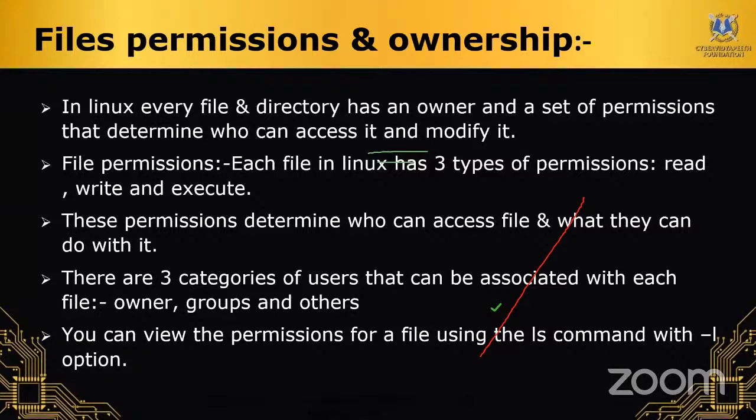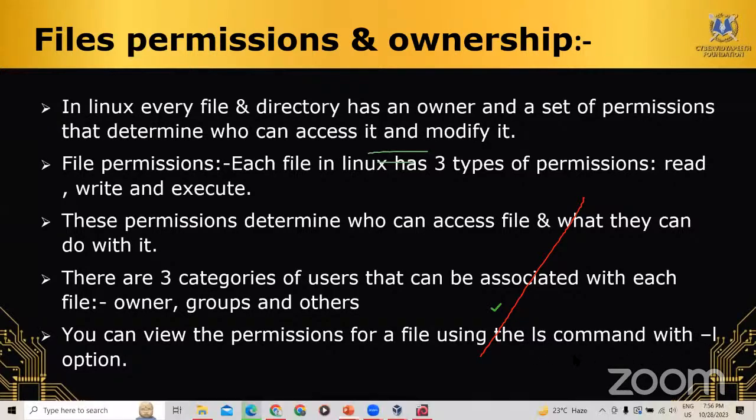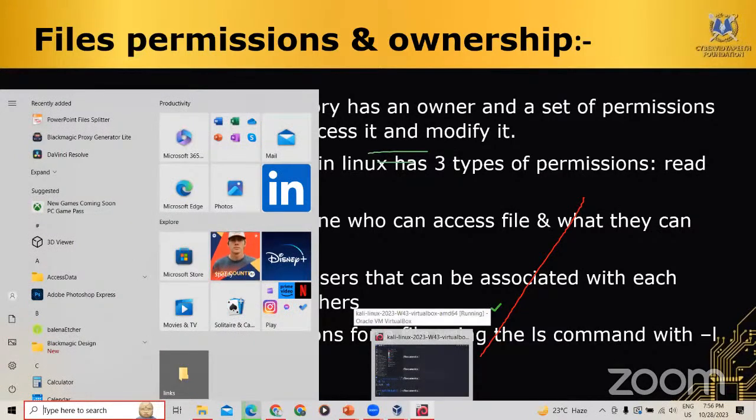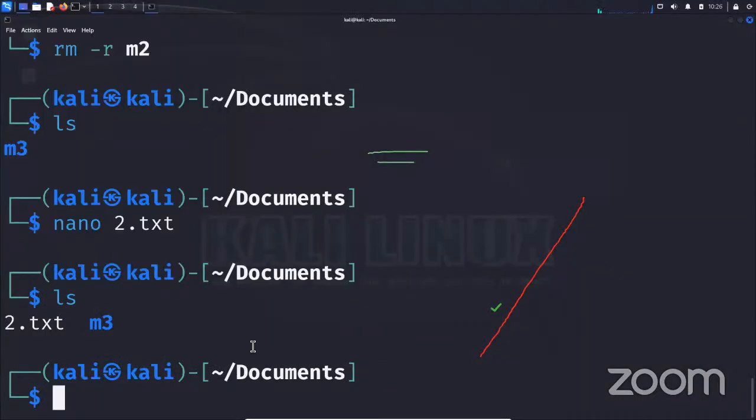We can view the permissions for a file using the ls -l command. So let's check the file permissions here using ls hyphen l.